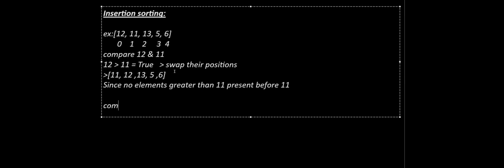Now let us compare the next two positions. 12 and 13 are the next two position elements. Previously I compared the 0th position and first position elements. Now I would like to compare the first position element and second position element, which in the current list are 12 and 13.